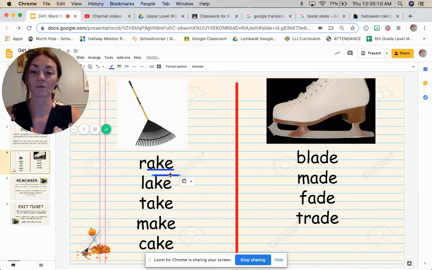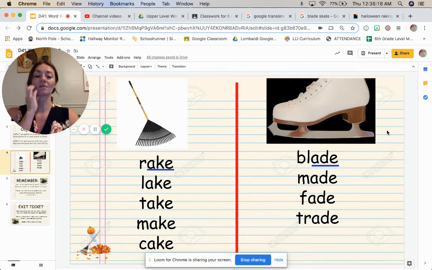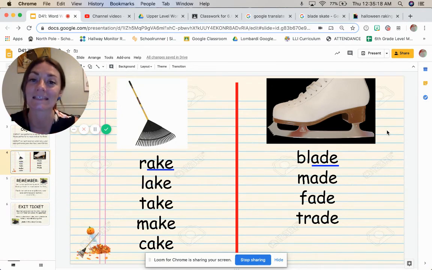So all of our words over here have the word part with it that ends in A-D-E. That says aid. Let's read those words. Ready? Blade, made, fade, and trade.